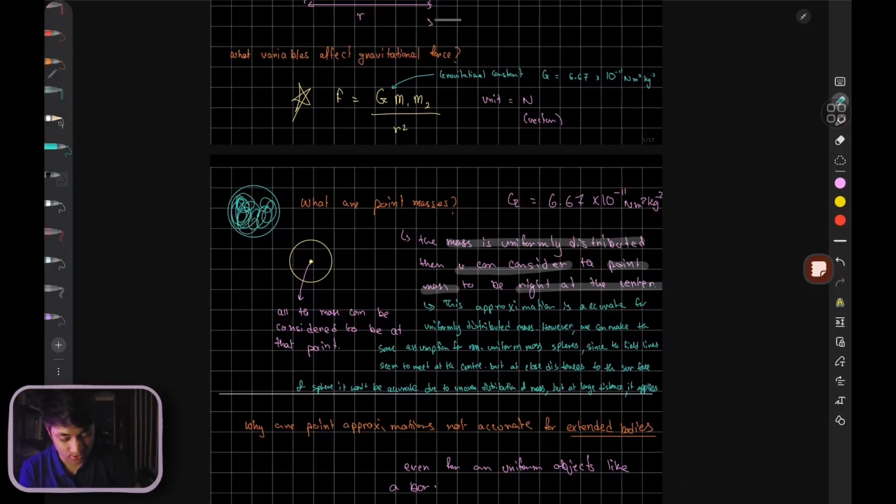Now in those cases, what happens is, at large distances, what I've written in green over here, you can make the approximation, since until and unless you get really close to the surface, you're not going to feel the difference in mass distribution within the sphere or planet.